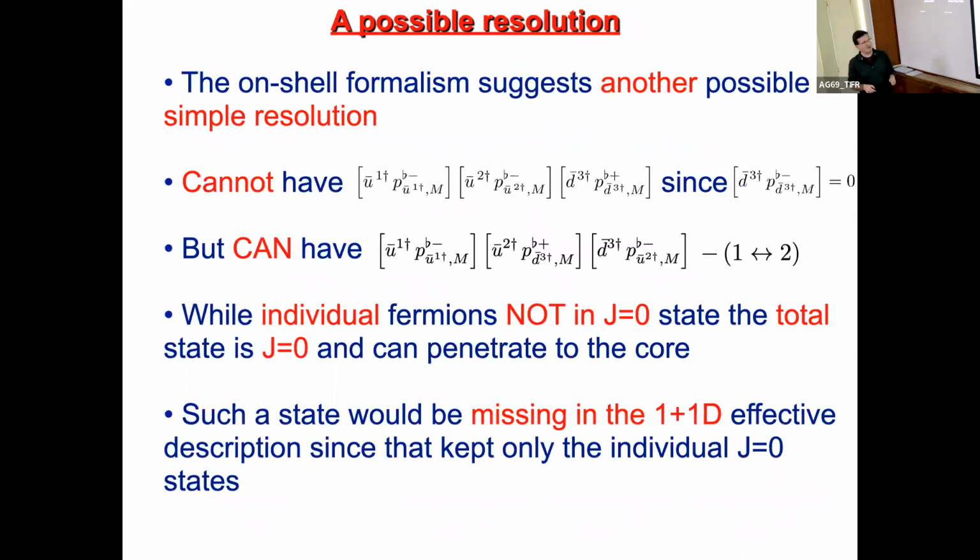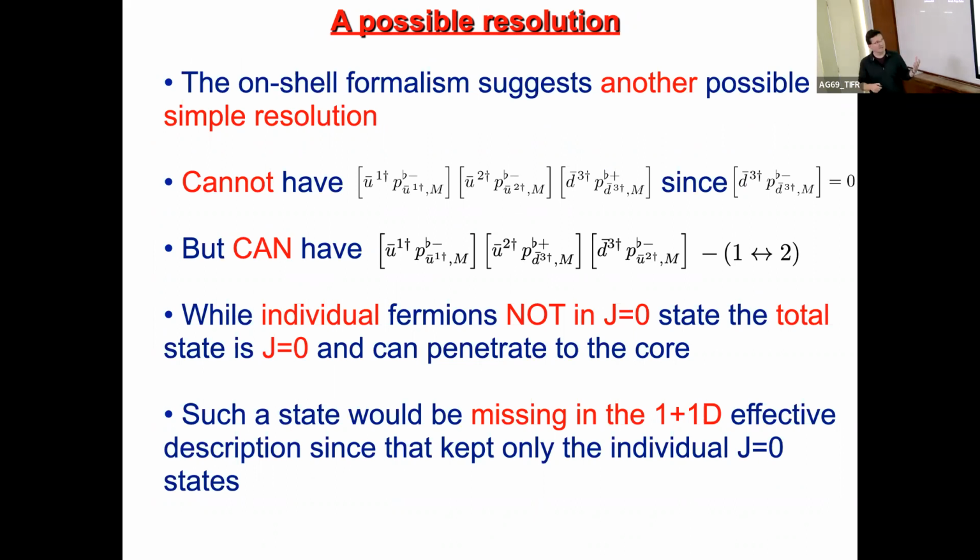Now, it's a little bit problematic in the sense that while the total amplitude is j equals 0, each of these terms pair by pair is not a j equals 0 amplitude. So the jury is still out. Is this really a solution of Callan's problem or not?